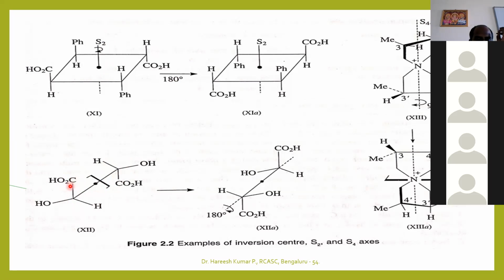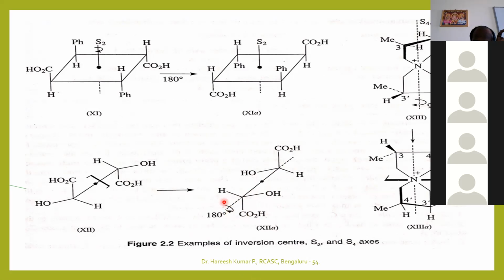So what you can observe here: a COOH group here, and one COOH group down. When this is rotated by 180 degrees, what will happen? You observe COOH in the down, and here a COOH group in the above. So 180-degree rotation means these two groups will rotate like this.